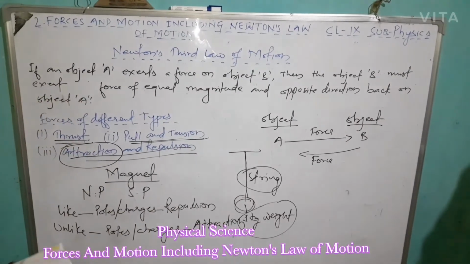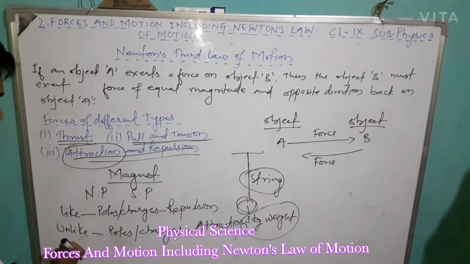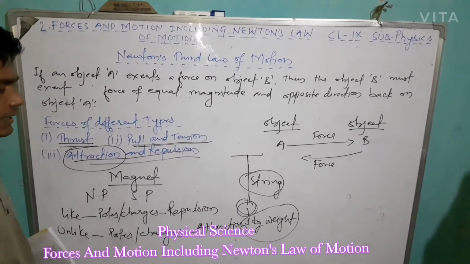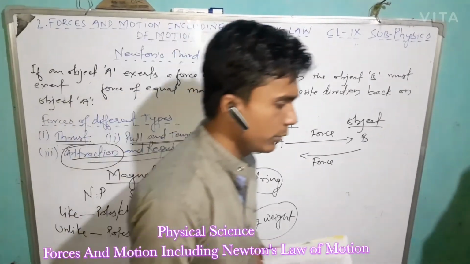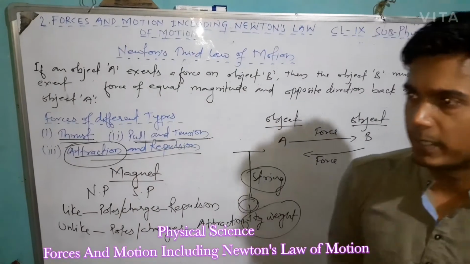And when we have unlike poles or charges, then attraction takes place. So repulsion and attraction take place.